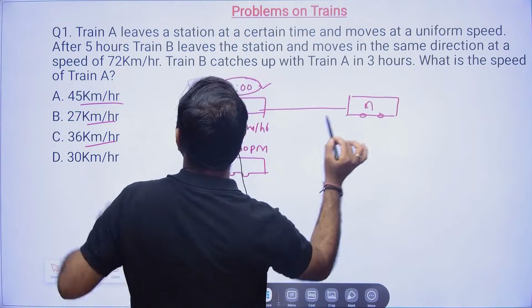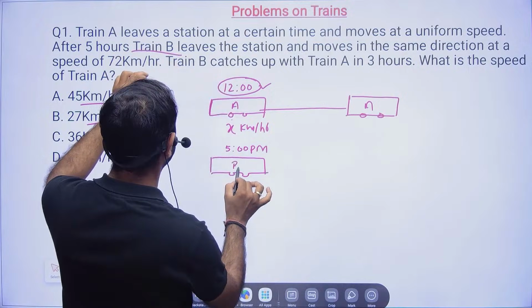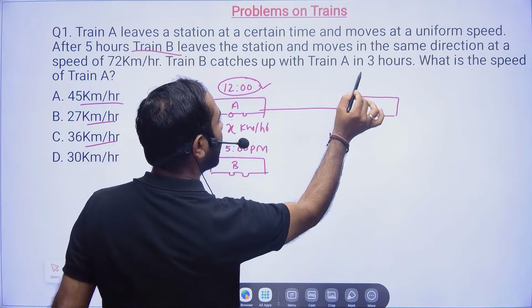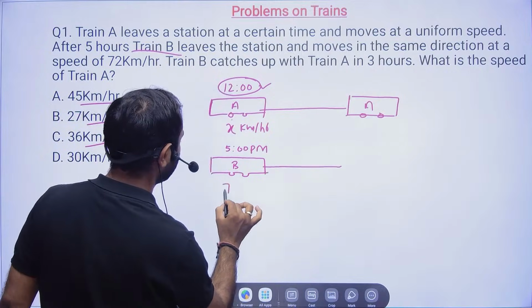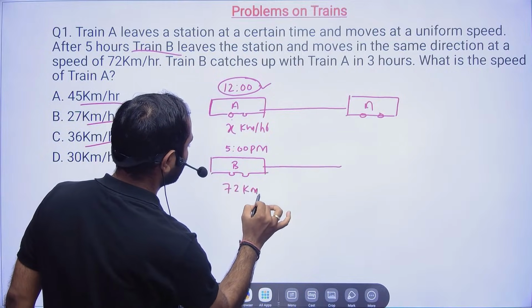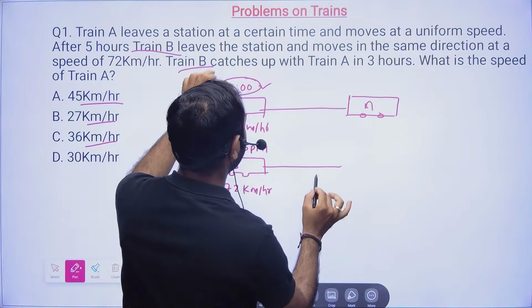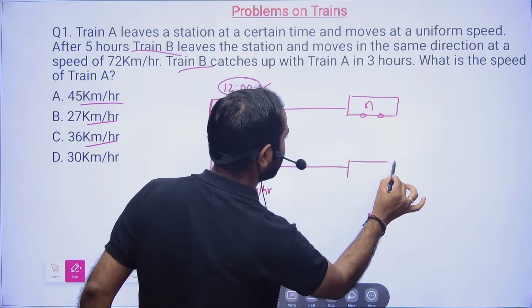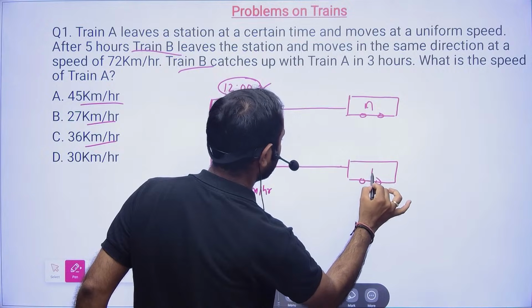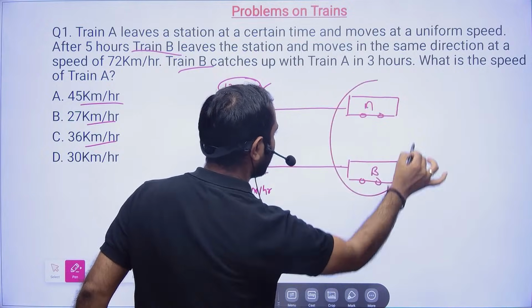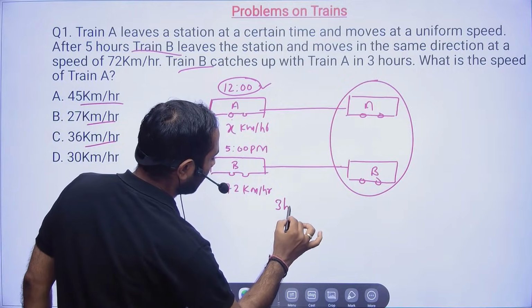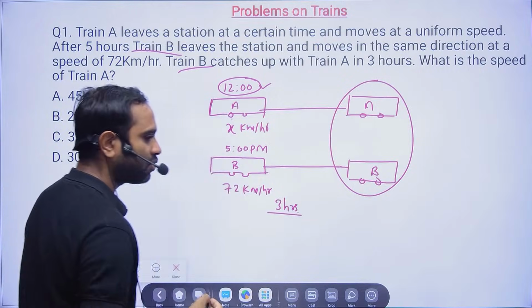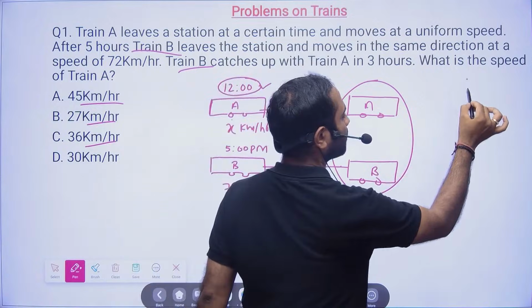After 5 hours, train B leaves the station and moves in the same direction at a speed of 72 km per hour. Train B catches up with train A. So train B is able to meet train A, right? So they both catch each other in 3 hours.